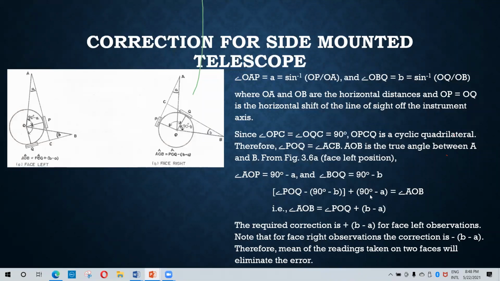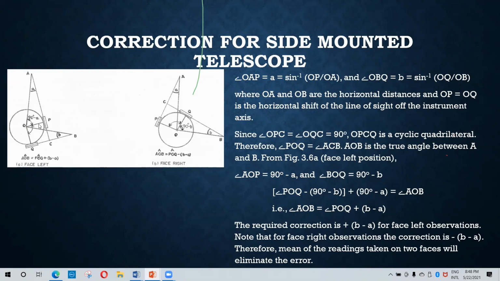So you will have AOB equals POQ plus B minus A. So what is POQ here?